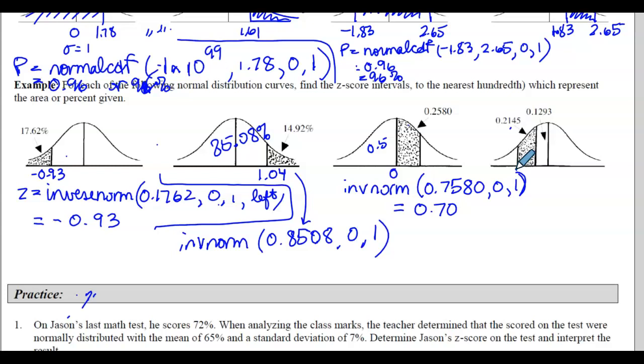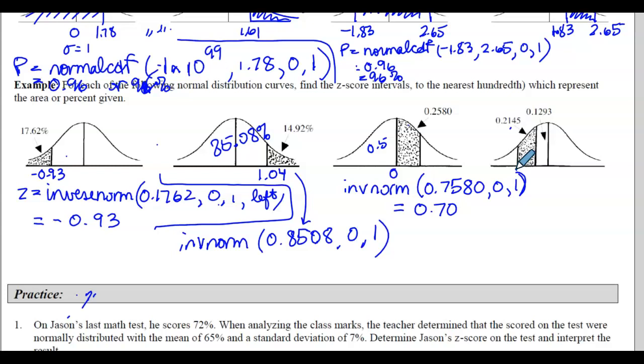So I'm going to just do this on the side because it's just easier than the smartboard right now. Okay, so this 0.2145, this 0.1293.